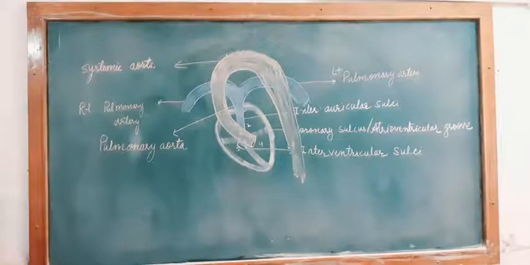So here the two aortas are seen in the external part. The systemic aorta is divided into three regions: the ascending aorta, the aortic arch, and the descending aorta.